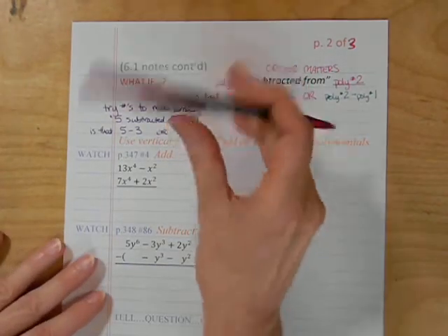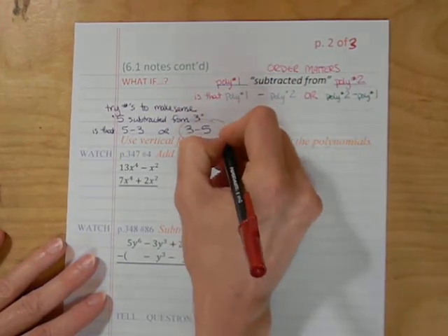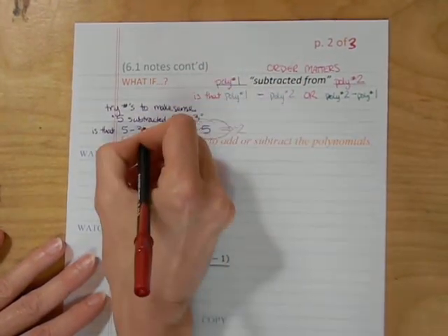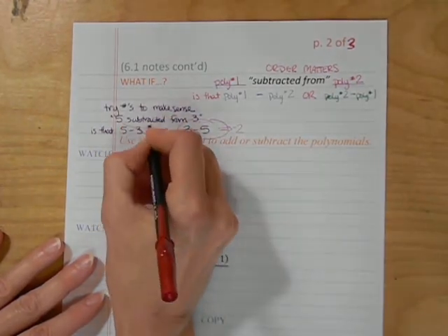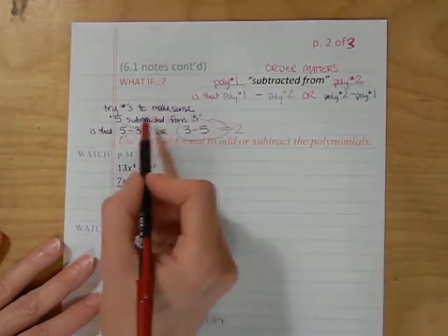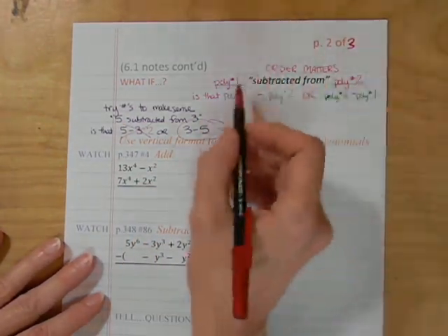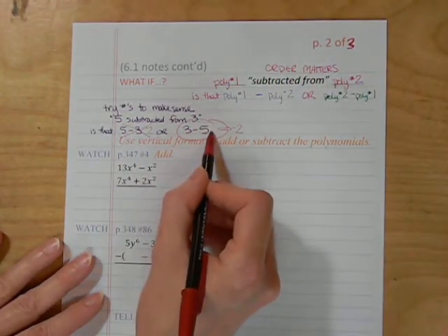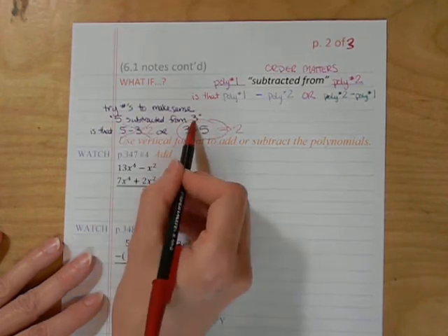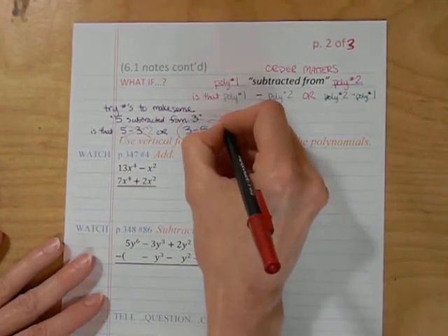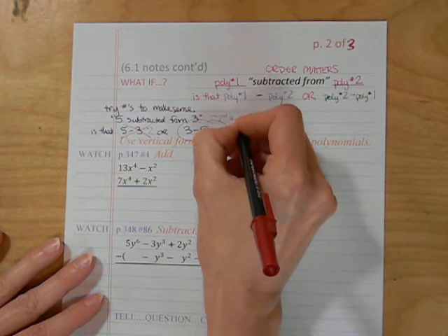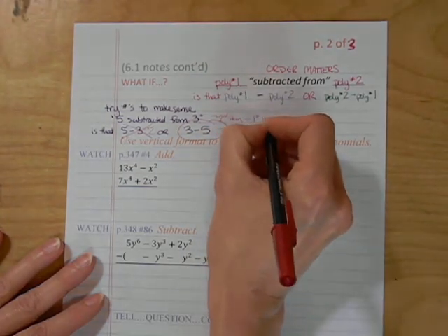That should be 3 minus 5, because that's what equals negative 2. This is equal to a positive 2, and that doesn't match the situation. So 5 subtracted from 3 means that we take 3 minus 5. It's the second item minus the first. Second item minus the first item.